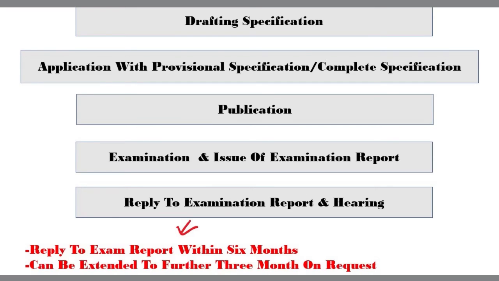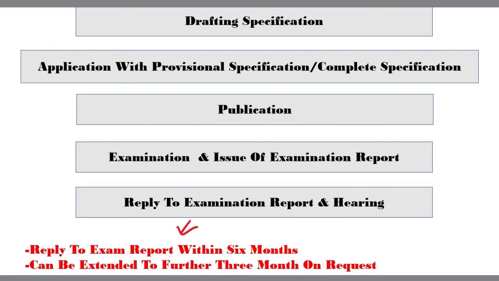In cases where a hearing takes place, in addition to presenting the case in the hearing, the applicant can also submit written submissions and relevant documents within the period of 15 days from the hearing.